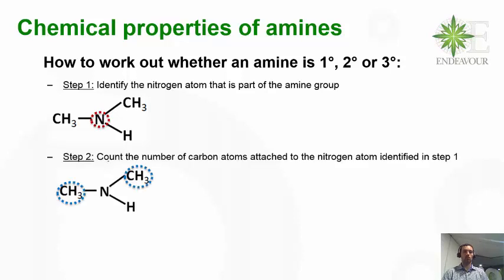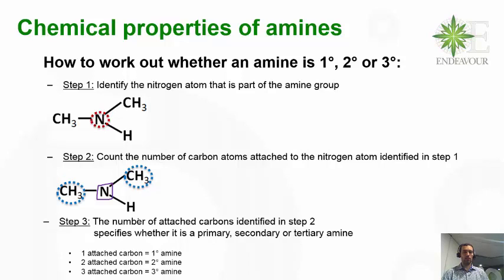Step number 2 is to work out how many carbon atoms are attached to that nitrogen atom you identified in step 1. The nitrogen atom was in the center there, and you can see the attachments to carbon have these blue circles around them. So there are 2. The third step is to recognize that the number of carbons identified in step 2 specifies whether the amine is primary, secondary, or tertiary.